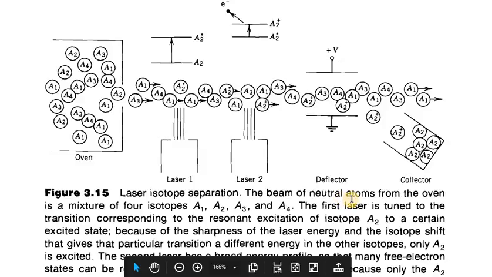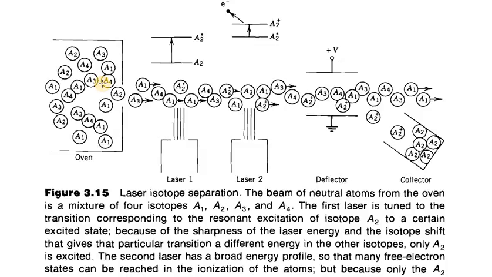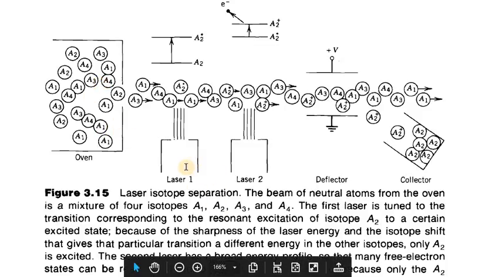The beam of neutral atoms from the oven is a mixture of 4 isotopes, A1, A2, A3 and A4. The first laser is tuned to the transition corresponding to the resonant excitation of isotope A2.